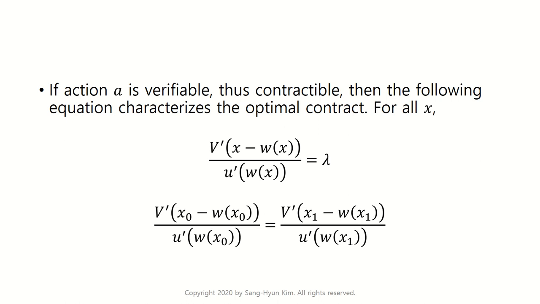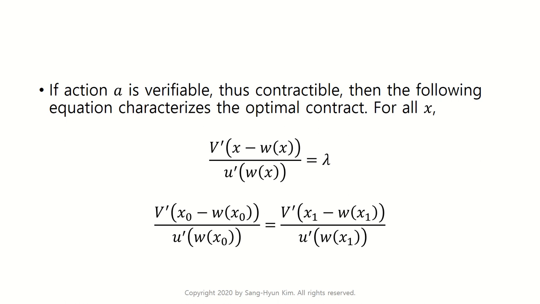We want to make sure that the risk is shared optimally, and also we want to make sure that the effort level is optimal. But as you saw before, the effort level is set optimal, and then what's left is that we want to set the risk sharing rule optimal.